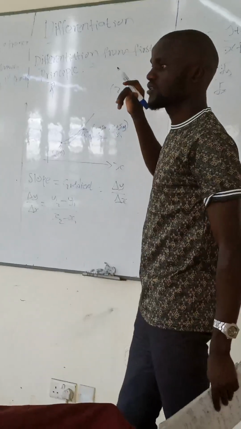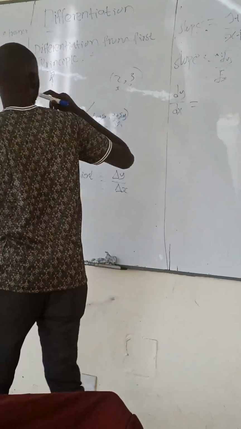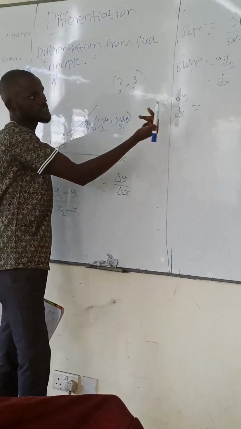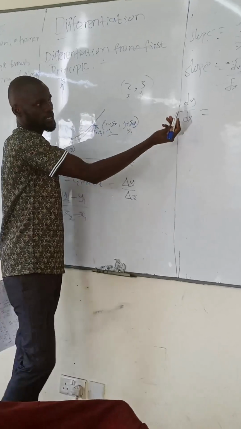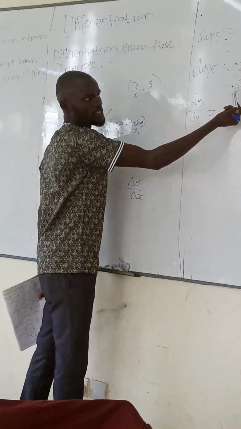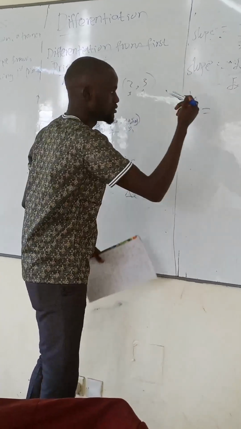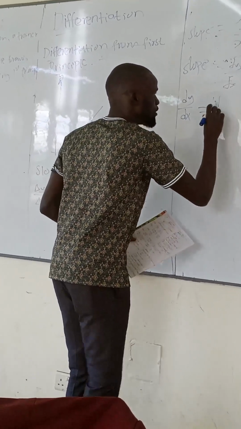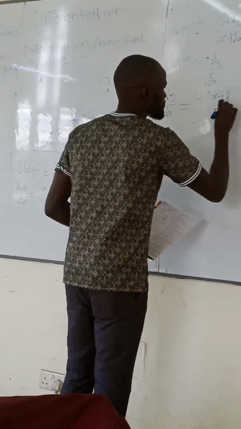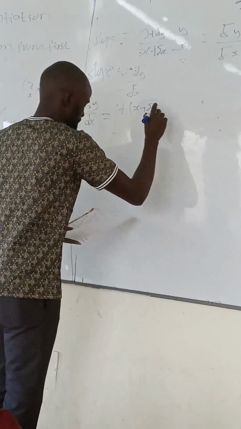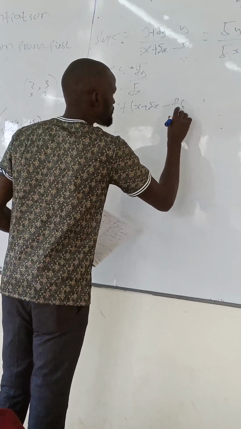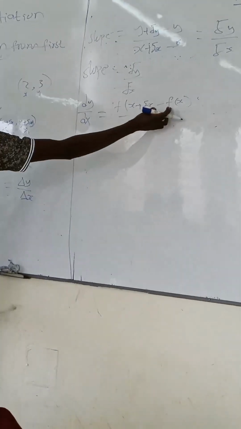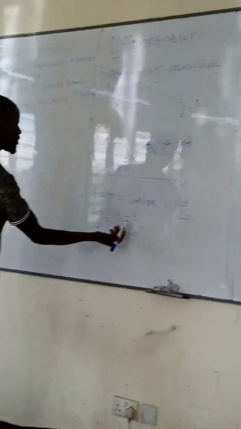Is there any question? Are we together? Yes. Let's continue. This is our dy dx, and this is the small change in y and small change in x. Don't confuse. It will be f of x plus small change in x, minus f of x. The reason for this change of x is that it is our y1.